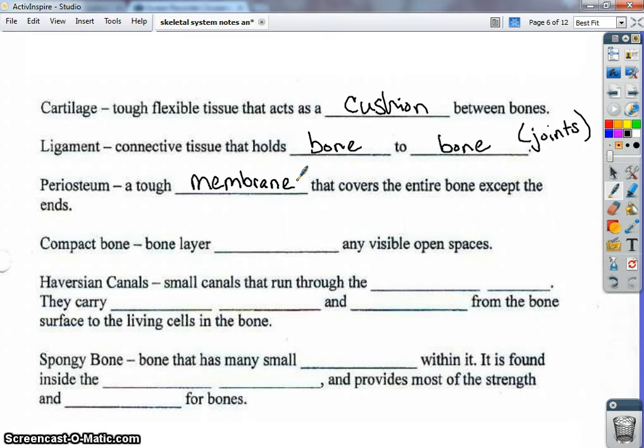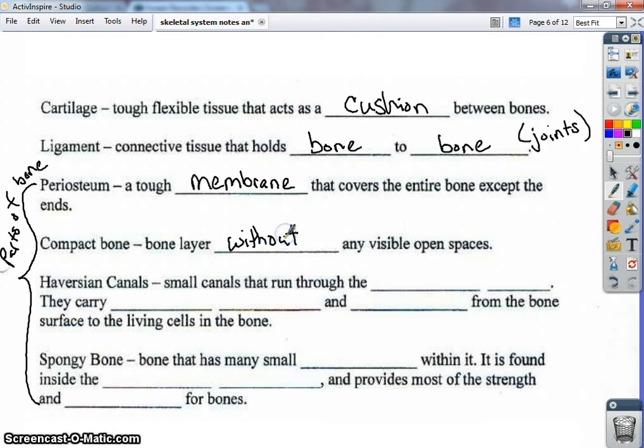So then you have all different parts of your bone. Okay, so this would all be considered parts of bone. Okay, so you have the periosteum, which is the outermost part. Alright, then you have compact bone, and it's the bone layer without any visible open spaces.